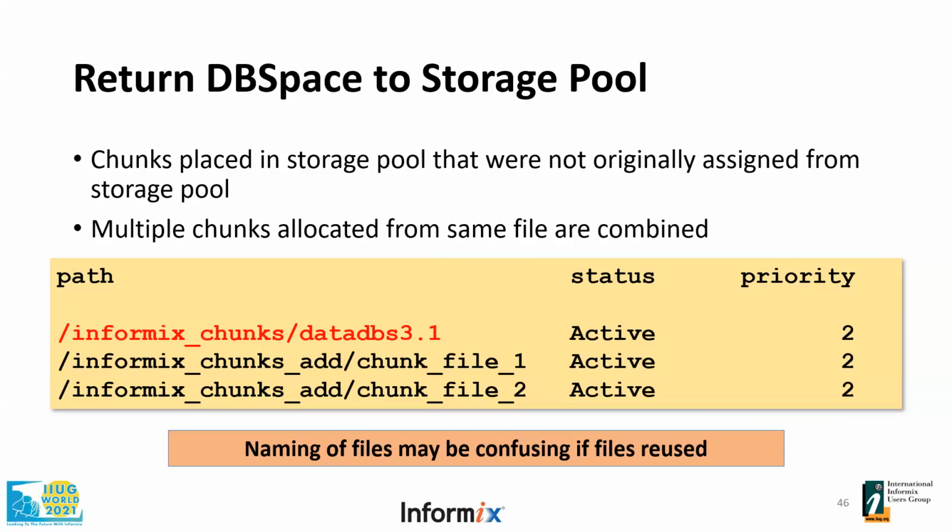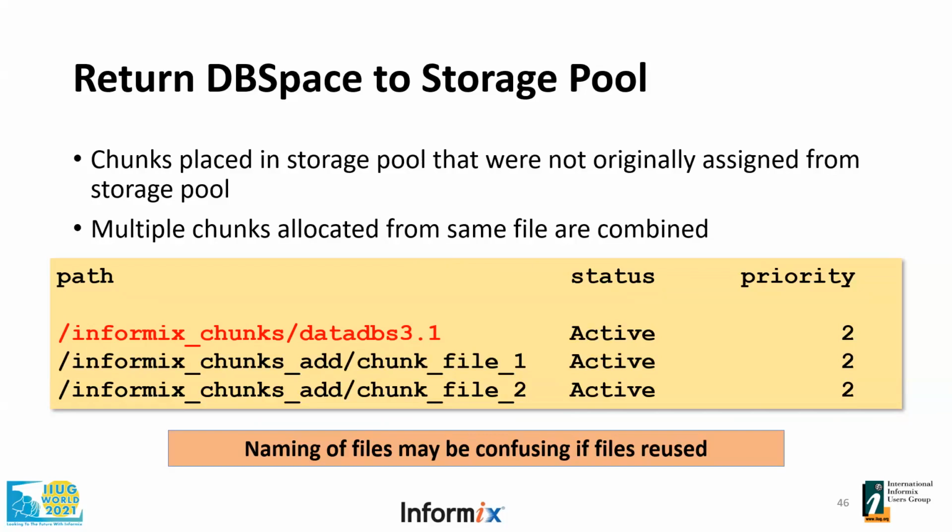One of the files representing one of the chunks, I'd named data DBS3. Now, what could happen is I could add a new chunk to data DBS4 from the storage pool, and I'd have this name attached to data DBS4, and that's going to be really confusing. So be very careful if you're returning stuff to the storage pool that's got very specific names.